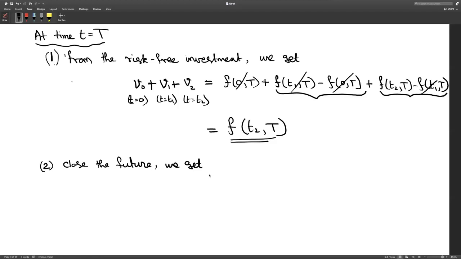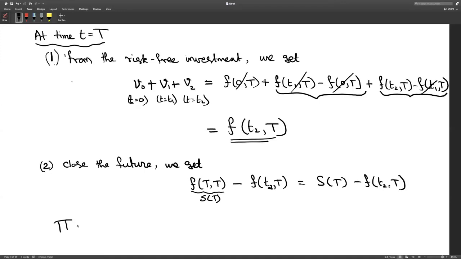Therefore, the marking to market at the final time is going to be the present value of the future price minus the previous future price, that is at t equal to t2. But you know this is S(T), right?